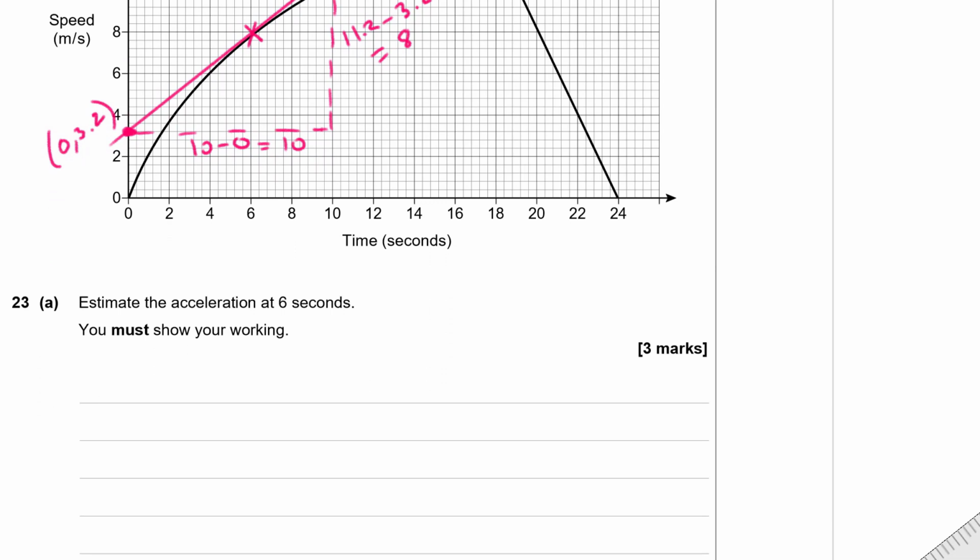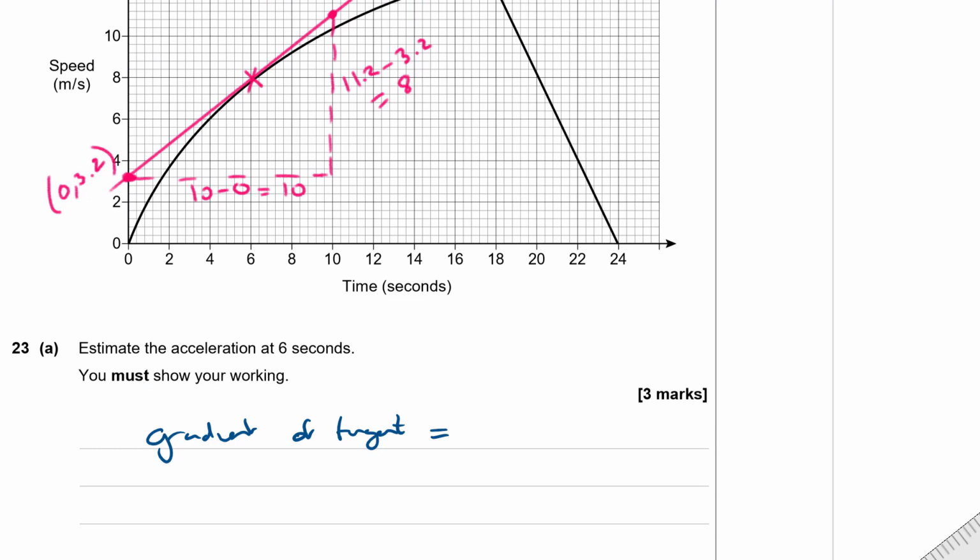So gradient of tangent at x equals 6, gradient of tangent is equal to change in y, 11.2 minus 3.2 over 10 minus 0, which is 8 over 10, which is 0.8.